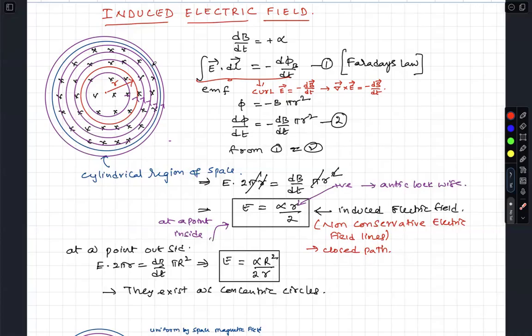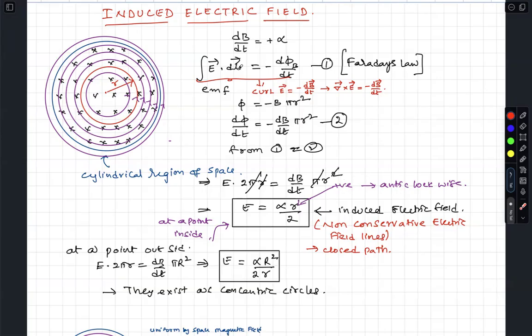Why? Observe the lines of force. In electrostatics, lines of force are open curves. They start at a positive charge and end at infinity or at some negative charge. Whereas here you see closed curves. Starting point and ending point are the same. They are not conservative fields.